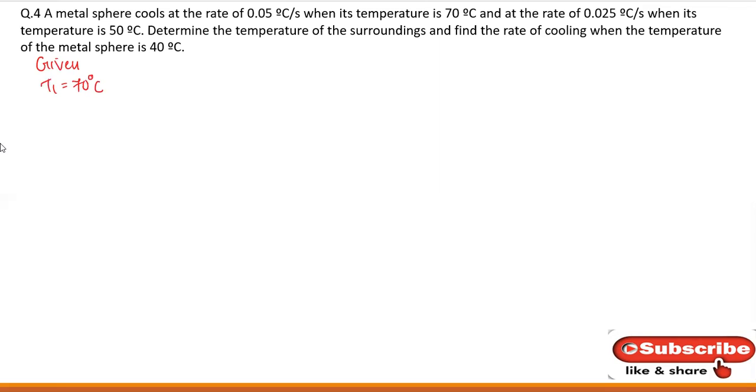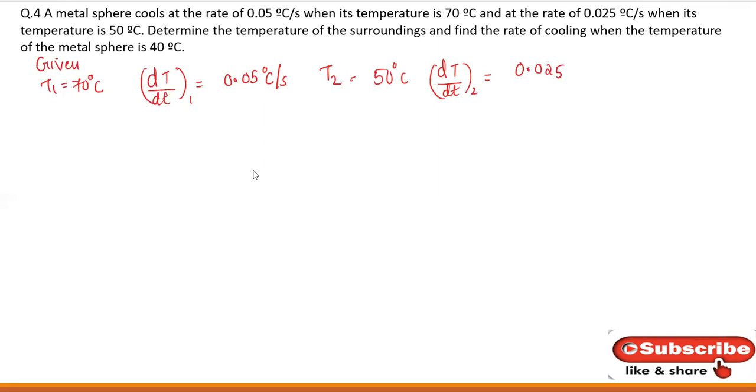Rate of cooling at T1 is given, dT by dt, or you can use d theta by dt also, is equal to 0.05 degrees Celsius per second. Now T2 is given, T2 is 50 degrees Celsius. Rate of cooling dT by dt is equal to 0.025 degrees Celsius per second.